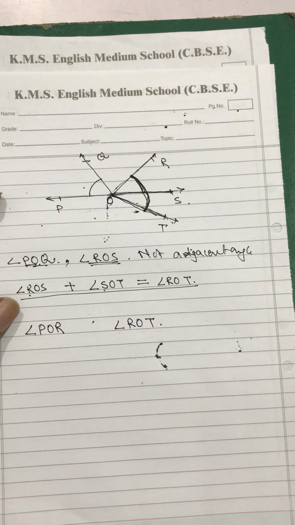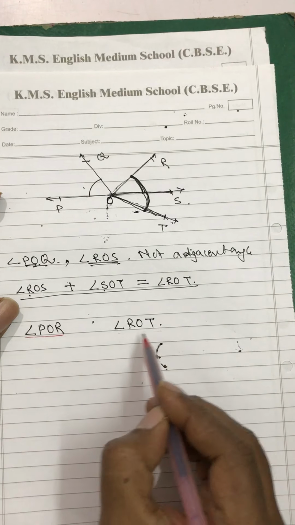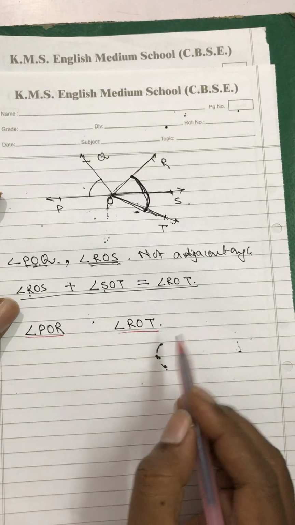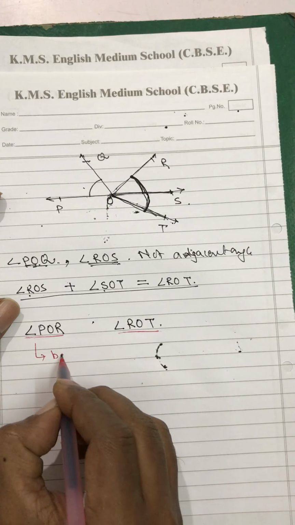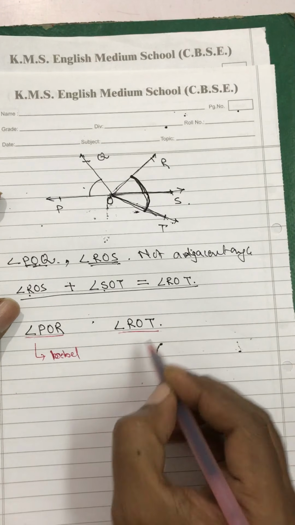I hope you all are doing that. I am going to solve it. You should pause the video if you are taking more time for that. So once you have labeled angle POR and angle ROT, first of all, are you getting the label?